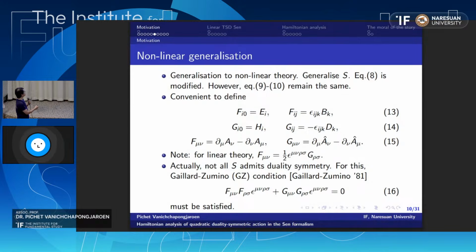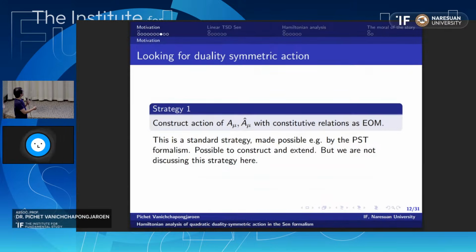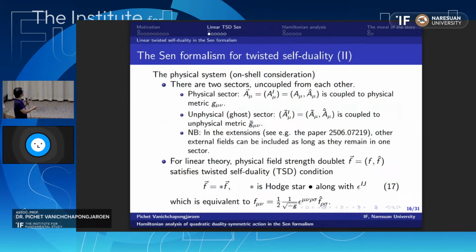We apply the Hodge duality, and then we apply the epsilon ij matrix, so E goes to B, B goes to minus E. The twisted self-duality consists of the standard Hodge star, which I denote as bullet, along with the 2 by 2 matrix epsilon ij. So it has nothing to do with twistor theory at all.